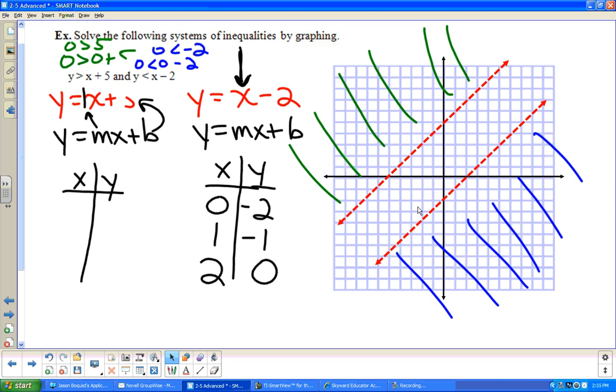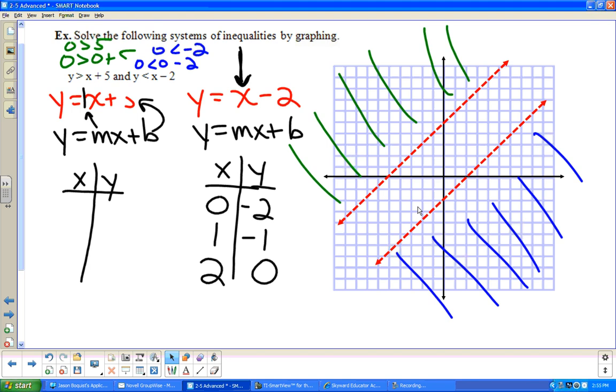Now, when we did systems of equations, we wanted to find where the 2 lines hit each other, right? So what do you suppose we're looking for when we do a system of inequalities? I think you're on the right track. So basically, I want to find points that make both inequalities true. So wait a minute.